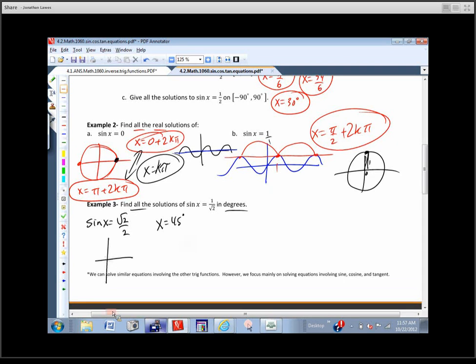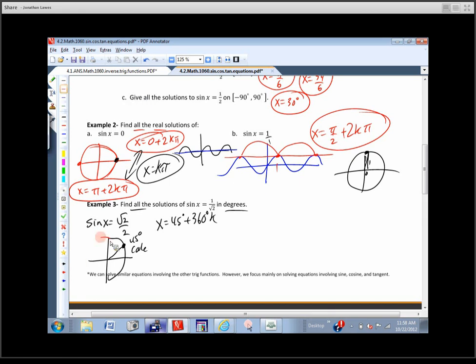So this would be plus 360k. Now, is that the only answer? It's not, because remember, I said if you're doing sine inverse, your calculator is going to give you this answer right here. It gave us 45 degrees. We have to realize that there's another reference triangle on the other side of the y-axis that has exactly the same sine ratio.